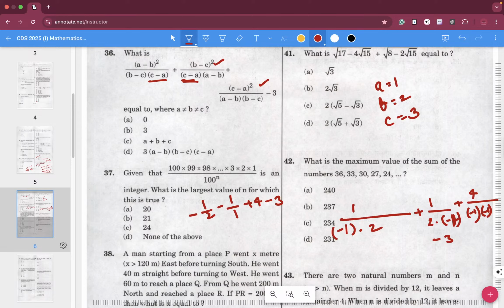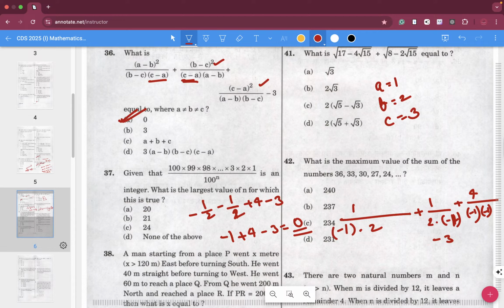Which means minus 1 plus 4 minus 3 is how much? 0. So what is this equal to? Simply 0. Isn't it, folks? What is this value? Tell me.